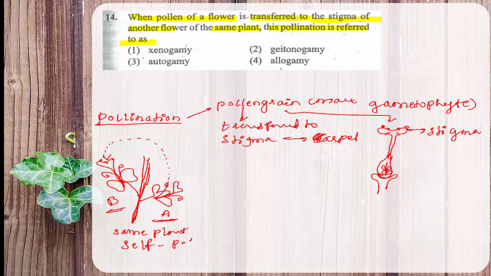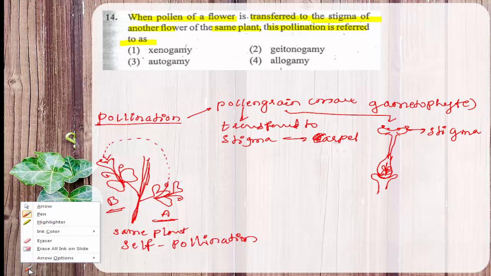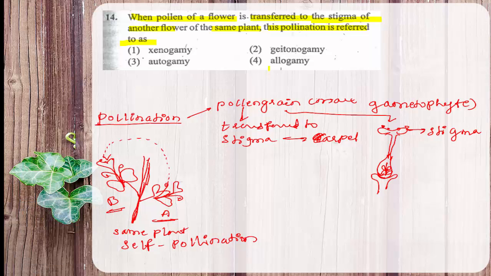Both the flowers are produced in the same plant, and this becomes self-pollination. And the specific term to describe this condition is geitonogamy. It is a type of self-pollination in which the pollen grains of one flower are transferred to the stigma of another flower, but both the flowers are born on the same plant.